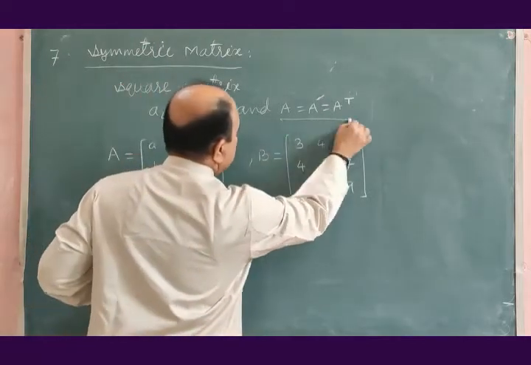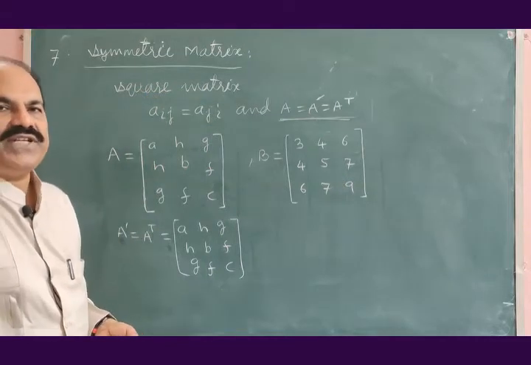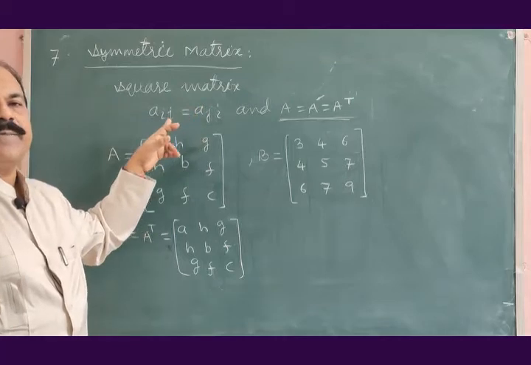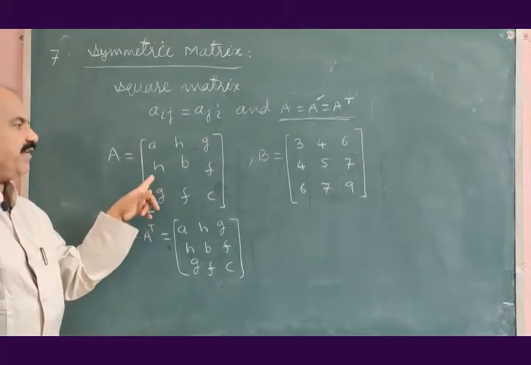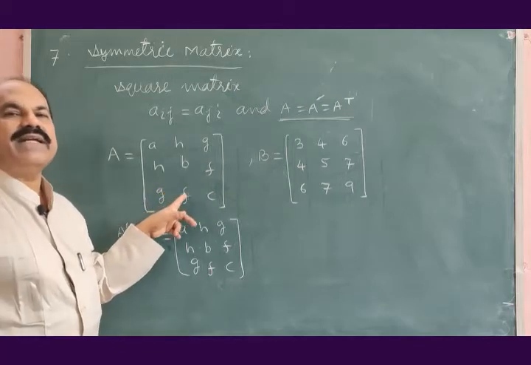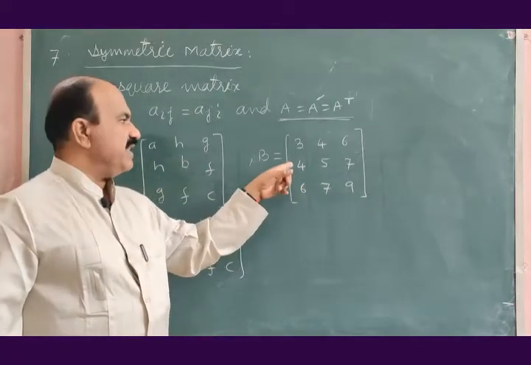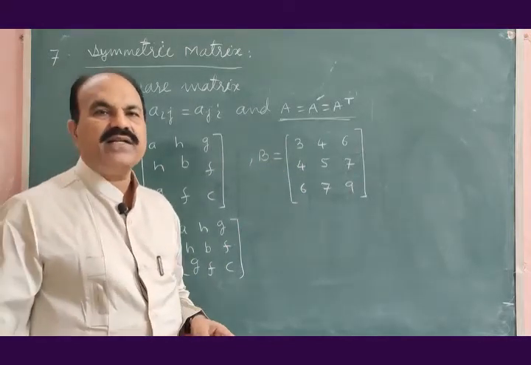That is, A is equal to A prime or At, and Aij is equal to Aji is valid for this matrix, and therefore this is an example of symmetric matrix. The same is true about this matrix. This matrix is also an example of symmetric matrix.